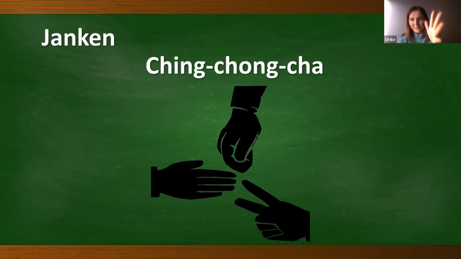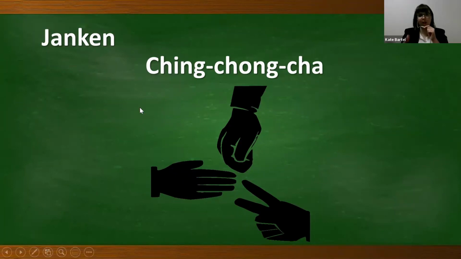papier, skêr, papier, klip. We want to leave some time at the end for questions. So let's just do a round of ching chong cha with everyone. I'm going to take it off screen sharing, and for this one we will ask you to go into gallery view, just so you can see what everyone else is doing.